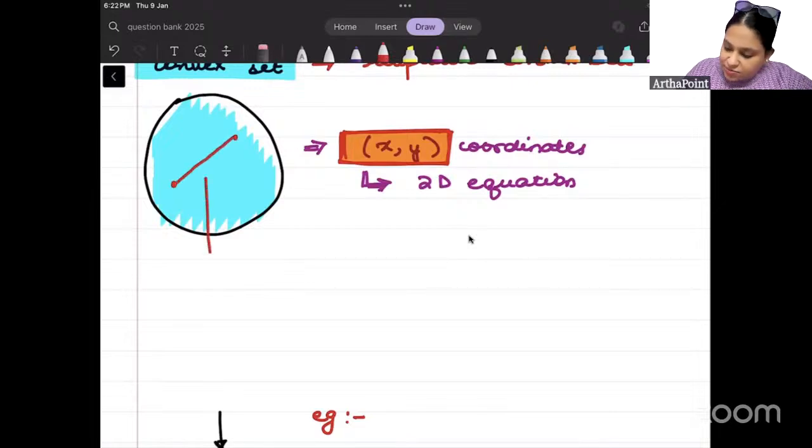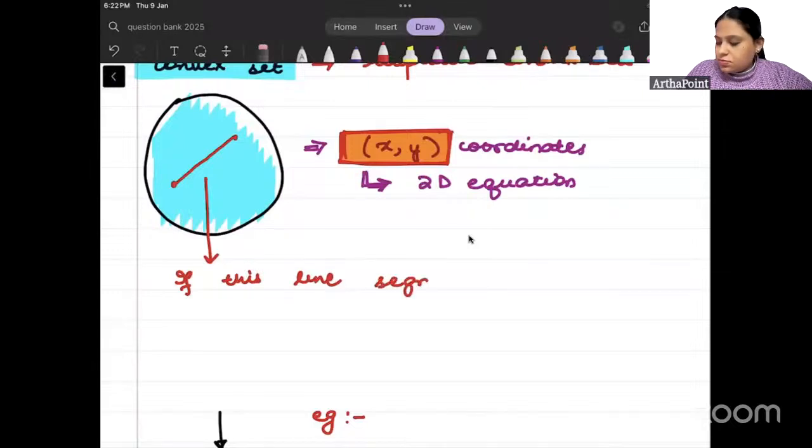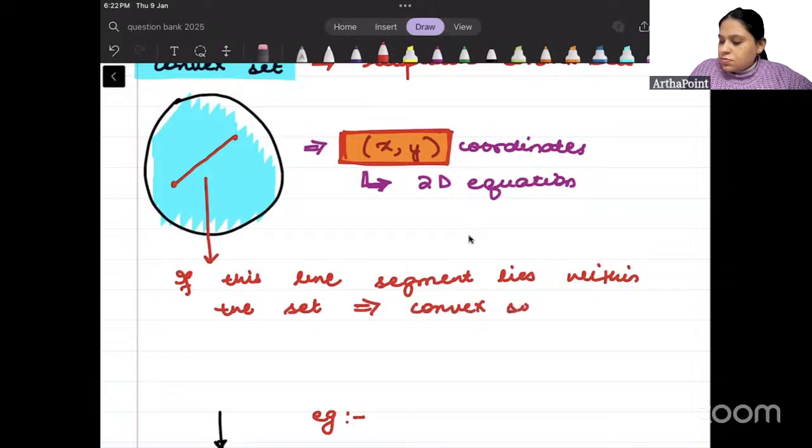If this line segment lies within the set, then it is a convex set. You take any 2 points, join them with a line segment. If it is lying within the set, it is a convex set.